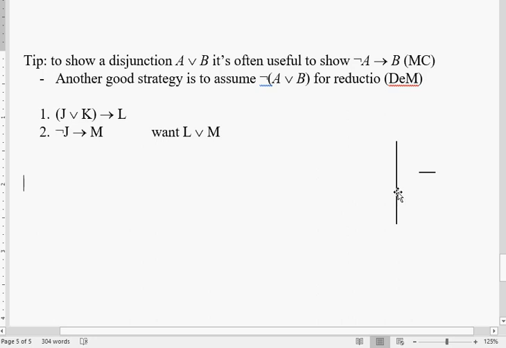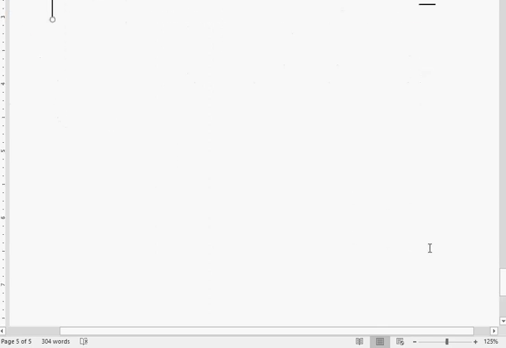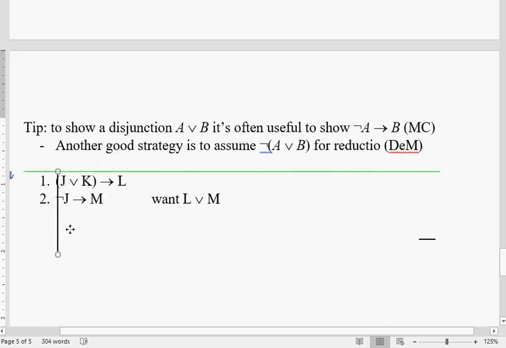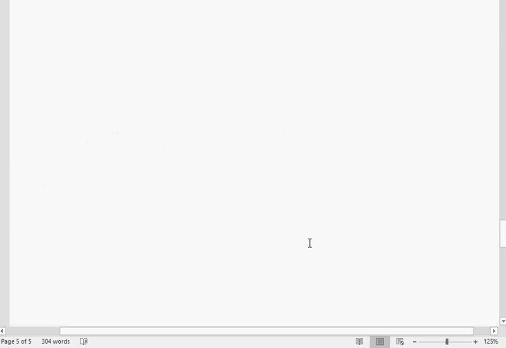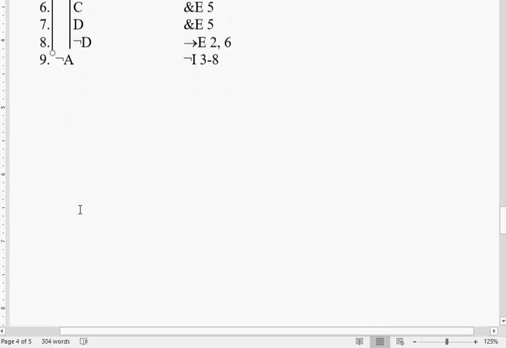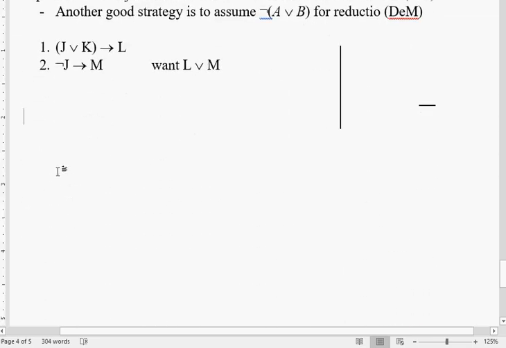So as I set this proof up, you could think about it a little bit. Maybe I will copy this if I can, paste it down here maybe.